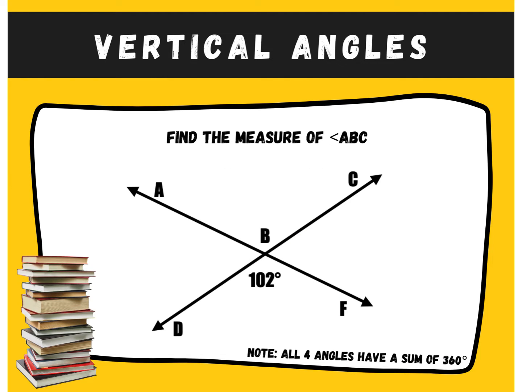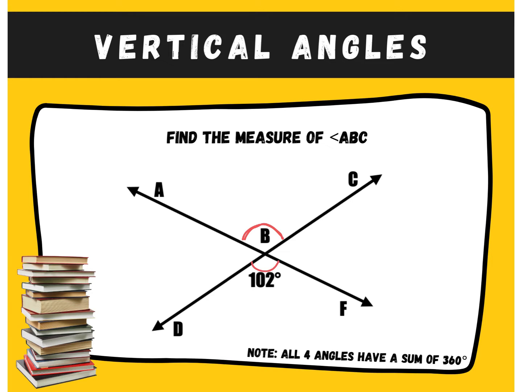Here's an example of when we might use the idea of vertical angles. This question asks us to find the measure of angle ABC. So let's look at that. Angle ABC is here, and it's created by two intersecting lines. Anytime you have two intersecting lines, there are going to be some vertical angles, and that's an important point to focus on.